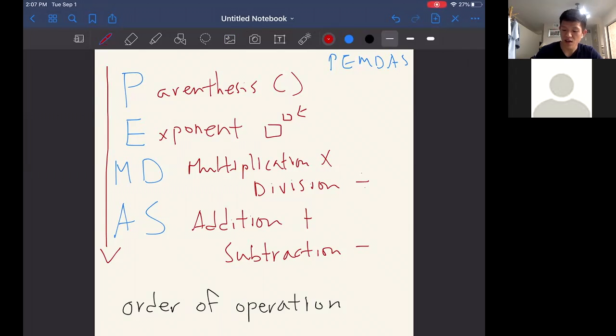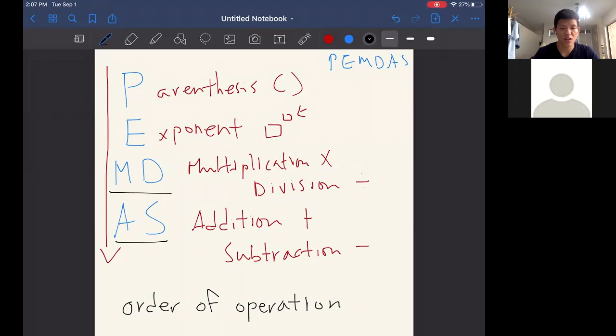Now notice how MD and AS are on the same level, equally written, one and two, left and right. That is because with multiplication or division, there is no first and last. You just do whichever comes first.